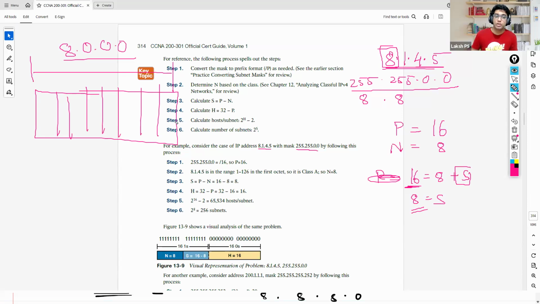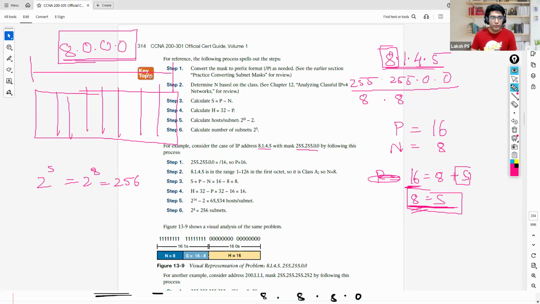How many such smaller subnets can there be? That is based on the subnet bits that we have calculated. The total number of subnets is 2 power S, so we have 2 power 8, which is basically 256 subnets. So we are dividing this 8 network into 256 smaller subnets.